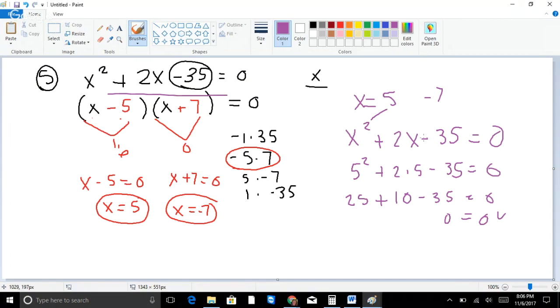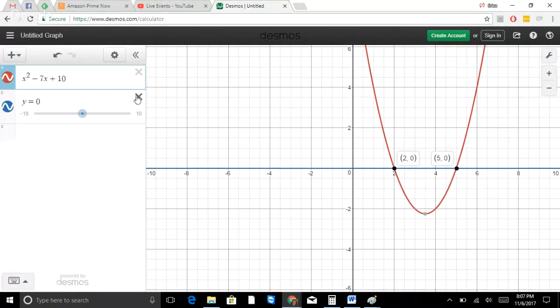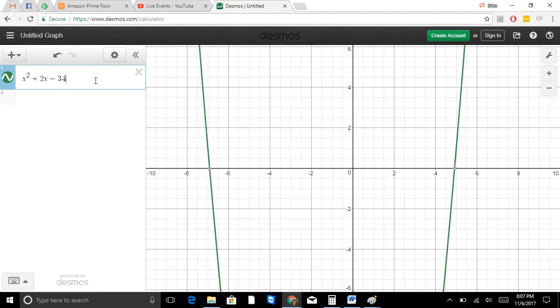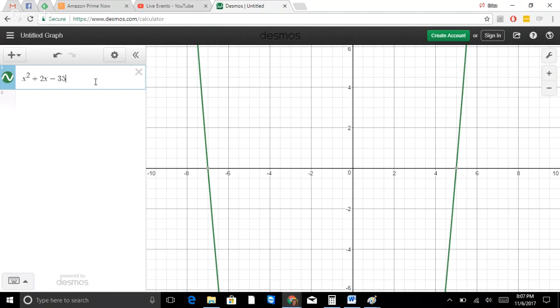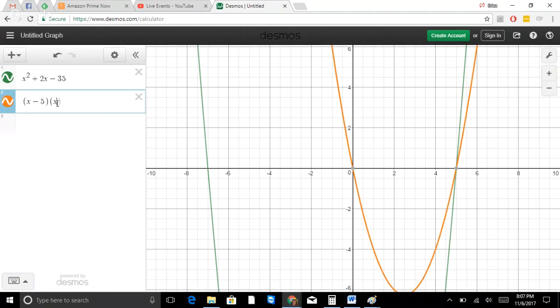If we flip to Desmos and we graph this, okay, so our original equation was x squared plus 2x minus 35. There we go. And then just to double check yourself, you can put in your factored equation. So remember we said it's x minus 5 times x plus 7.